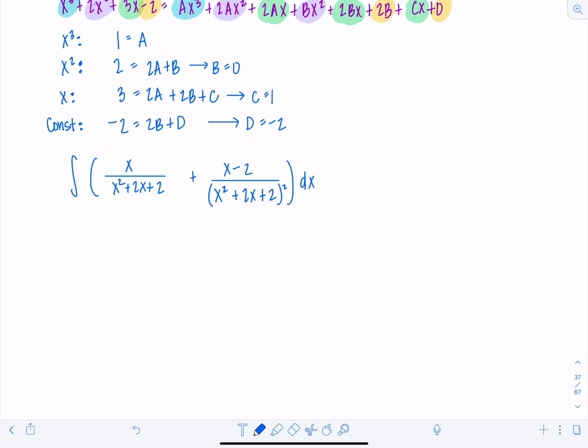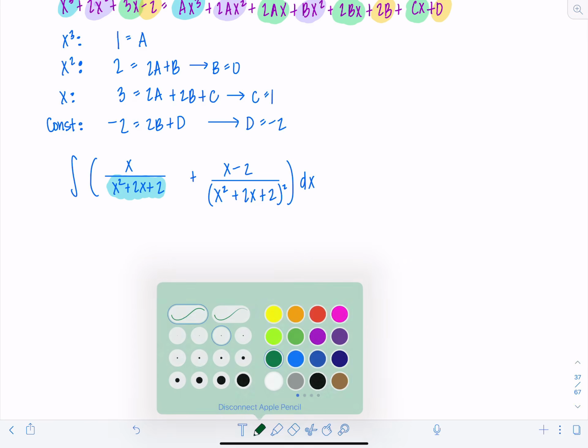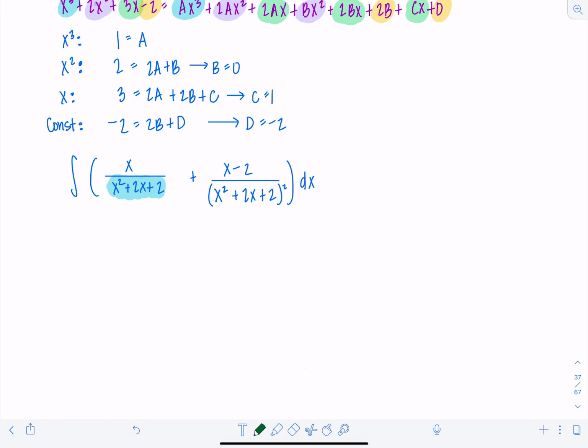Okay, so let's start thinking about our strategy, because this is a little different than the previous example where we had to do a u-sub. Because notice, the degree of the denominator is indeed 1 degree higher than the degree of the numerator. So you might think, I'm going to do a straight old u-sub. And you're right, but we have to apply a little twist.